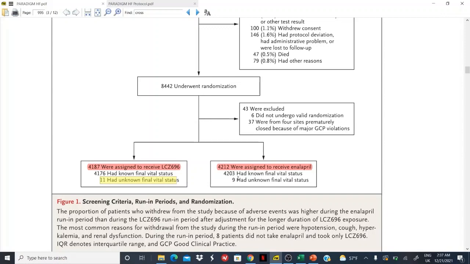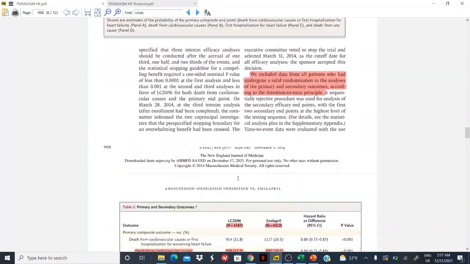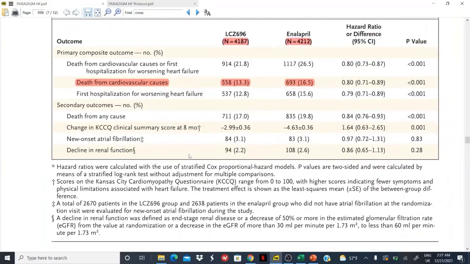Now, to know whether this number is large or small, we're going to go over to the number of patients who actually died, and that's generally provided in table 2. So, death from any cause. Okay. So we see that 711 patients died in the sacubitril valsartan arm versus 835 patients, and this result was pretty strongly significant. We know in a scenario like this that these 20 patients would not have been enough to overturn the results.